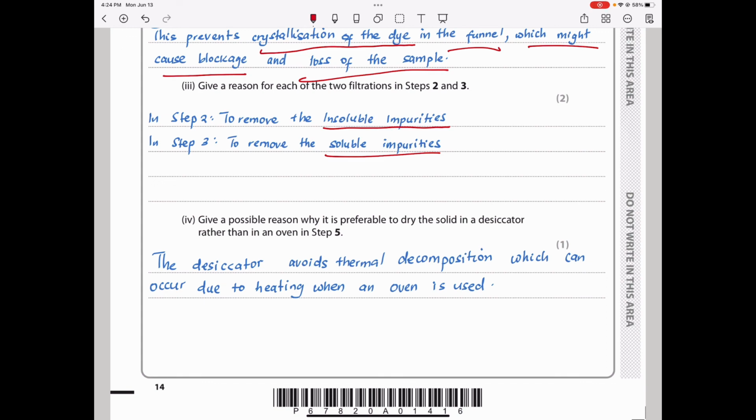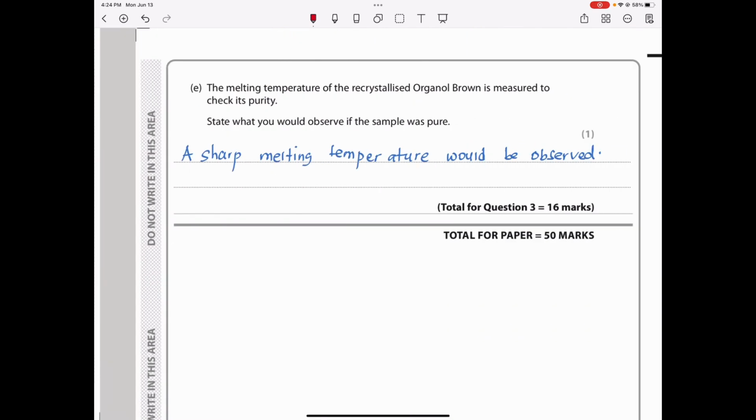We use a desiccator because these are crystals. If we use an oven, it could cause thermal decomposition of the crystals we've produced. The temperature within the oven could be a little higher, causing the crystals to decompose, which we do not want. A desiccator does not require heat, it just sucks out the water. That is a better choice.